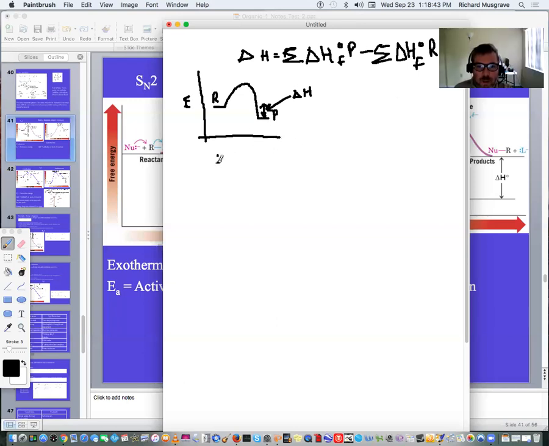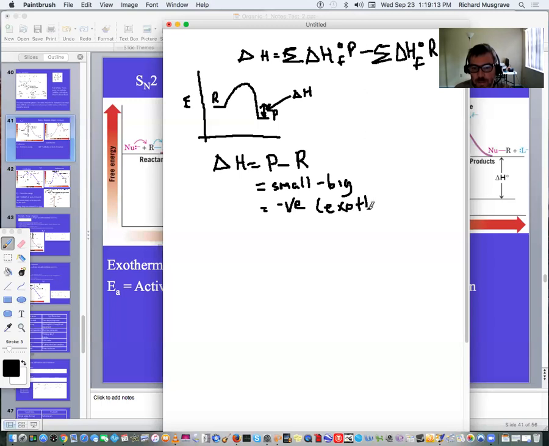So if delta H is essentially P minus R, and you've got a small number minus a bigger number, then you're going to get a negative value, which is essentially an energy release, which means it's exothermic. And the reverse case would be where the products are above the reactants.